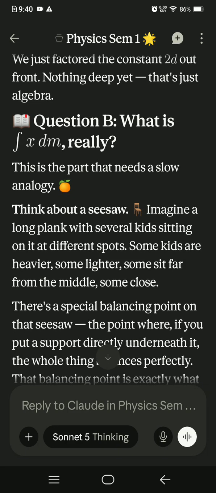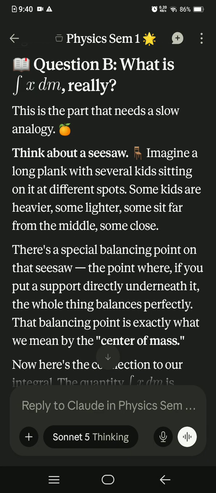Okay, so question B: what is XDM really? This is the part that needs a slow analogy. Think about a seesaw. Imagine a long plank with several kids sitting on it at different spots.